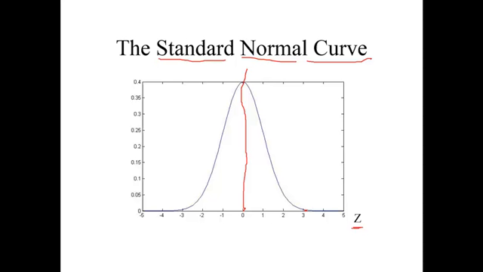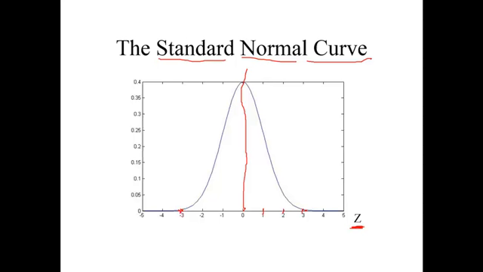We have this marked across the bottom with a Z, and this is connected with the Z-score. Whenever we've standardized data before, we've used a Z. We interpret each of these units out here to be a standard deviation, so right here is 3 standard deviations away from the mean.